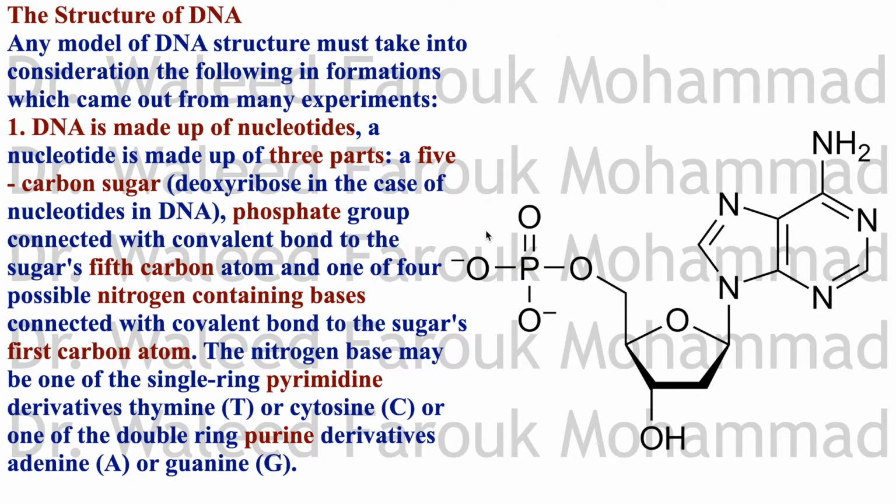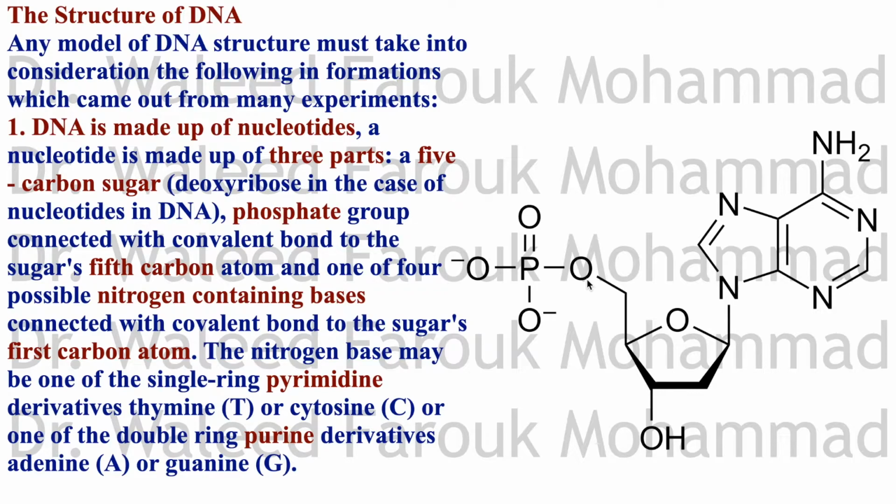To study the structure of DNA, any model of DNA structure must take into consideration the following: the basic unit is a nucleotide, and the nucleotide is made up of 3 parts: a 5-carbon sugar, a purine or pyrimidine base, and a phosphate group connected with a covalent bond to the sugar's 5th carbon.